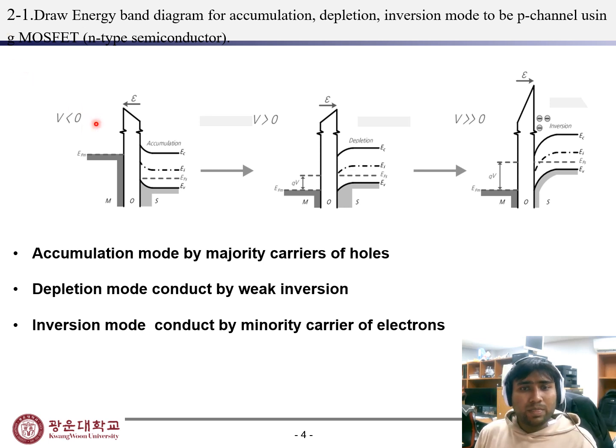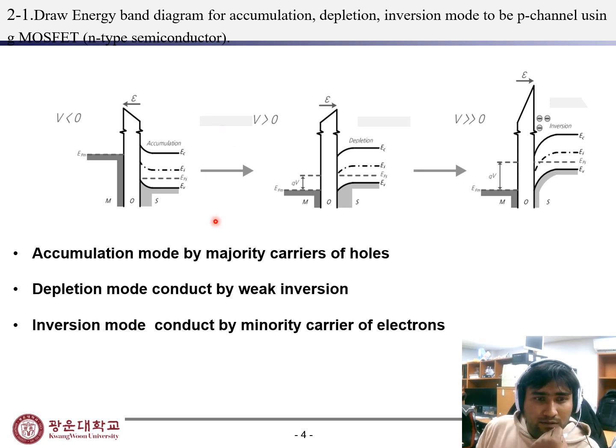When the gate applied voltage is just greater than 0, accumulation occurs for an n-type semiconductor, and then we increase the voltage. A little bit larger, after accumulation, creates a depletion layer.